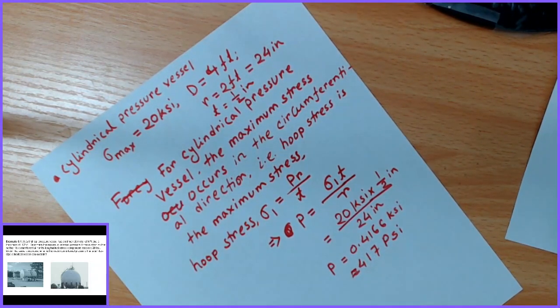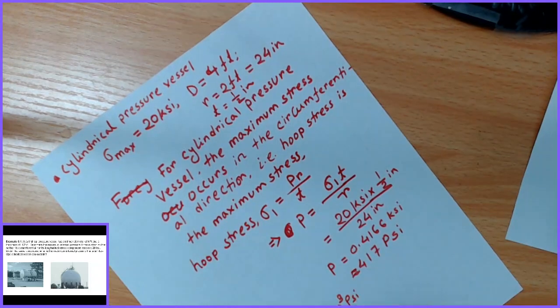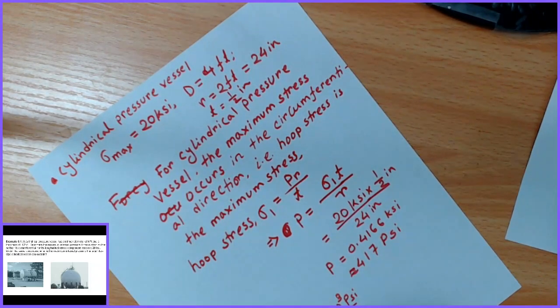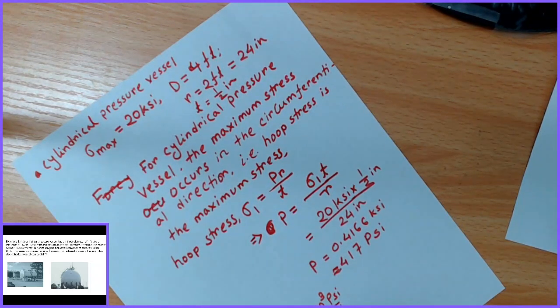If you divide 20 ksi, that is 20 times 10 to the 3 psi, by 417 psi, it comes to about 47.